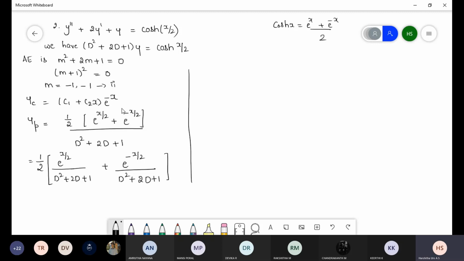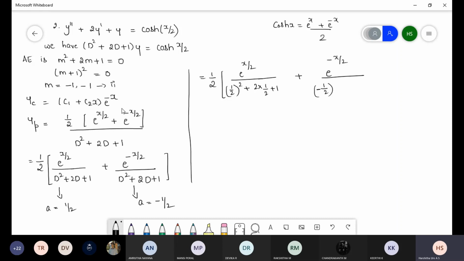So here I write 1 by 2 into e power x by 2. What is our a value in the first term? Good, a value is 1 by 2. In the second term, a value is minus 1 by 2. So replacing D by 1 by 2 means (1 by 2) whole square plus 2 into 1 by 2 plus 1. Here e power minus x by 2, again (minus 1 by 2) whole square plus 2 into minus 1 by 2 plus 1.